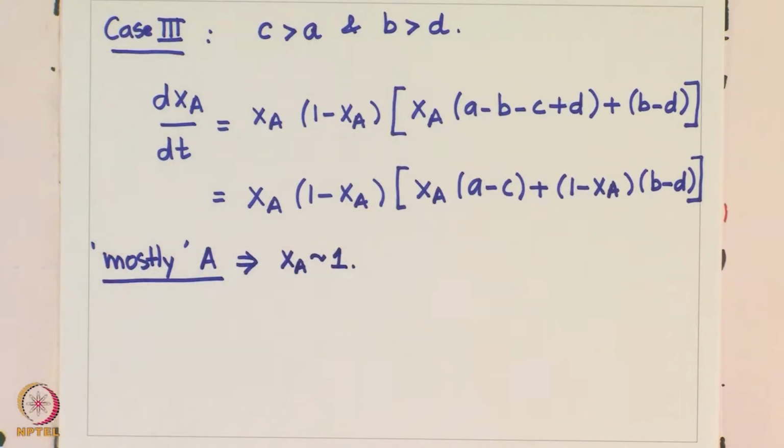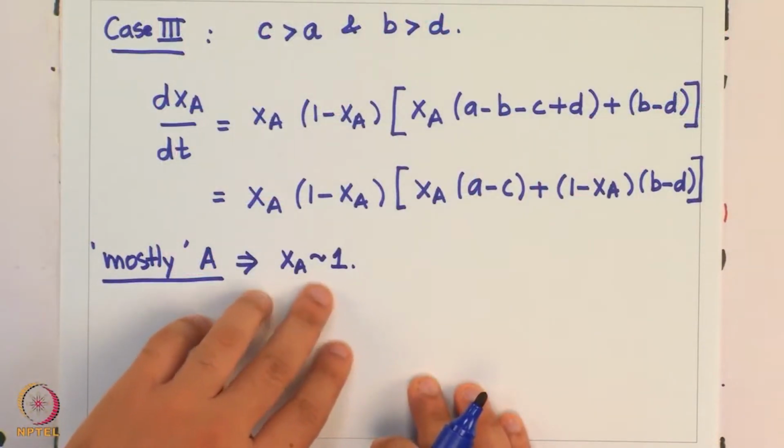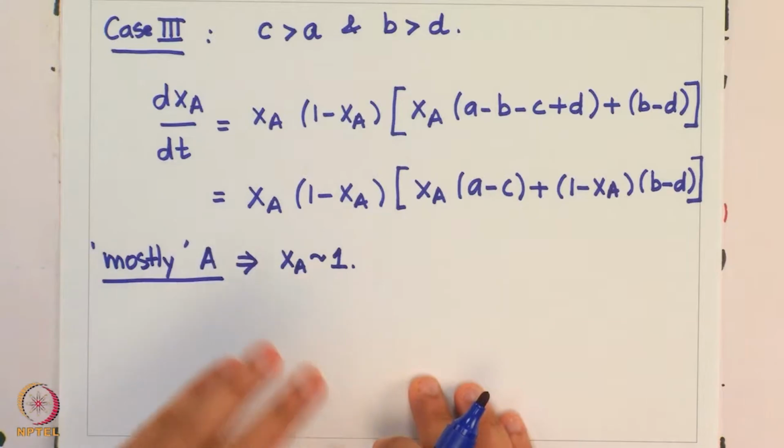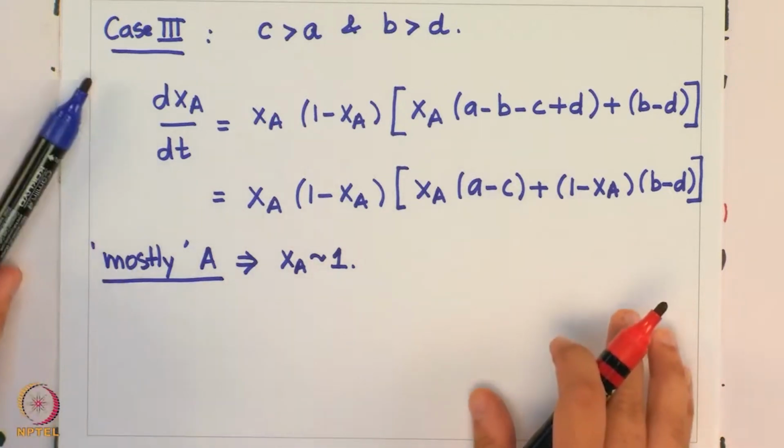Most individuals in the population belong to genotype A, and there are only a very few individuals which belong to genotype B. That is the scenario we are calling mostly A. So x_A is slightly less than 1 because x_A cannot exceed 1. In that scenario, let us look at what this dynamical expression is telling me.